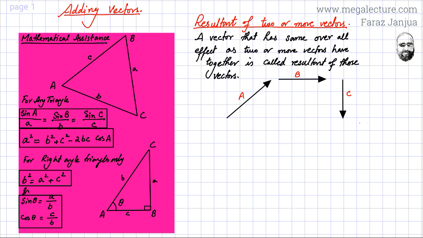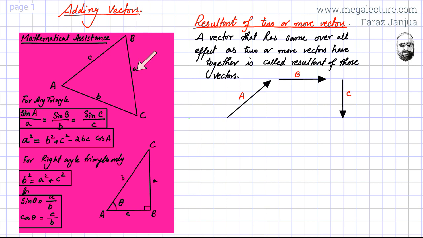So today in this lesson we will learn about vectors and how to add them. You can see a portion on the left side of the screen is provided with some mathematical assistance. This is a triangle. It is not a right angle triangle; it is a general triangle, right angle or not, with three vertices A, B and C, and three sides.